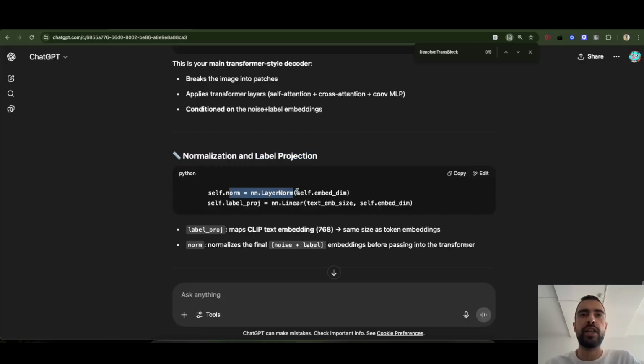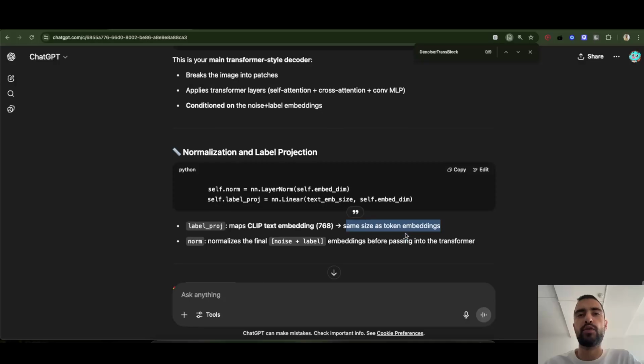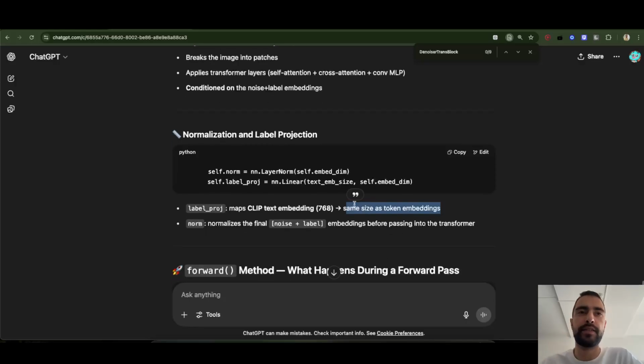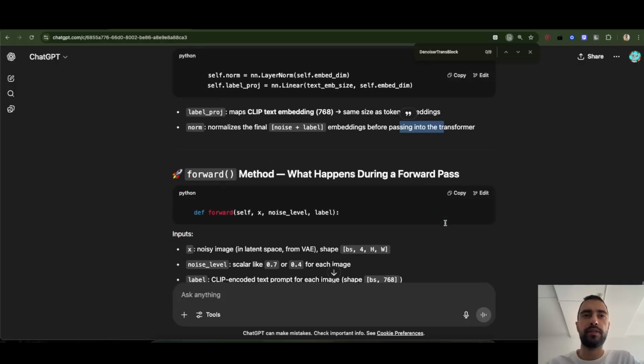So a normalization layer and then a linear layer that goes from text embed size to embed dimension. Label projection maps the CLIP text embedding 768 into the same size as token embedding, so the patch embeddings. And then norm normalizes the final noise plus label embeddings before passing into the transformer.